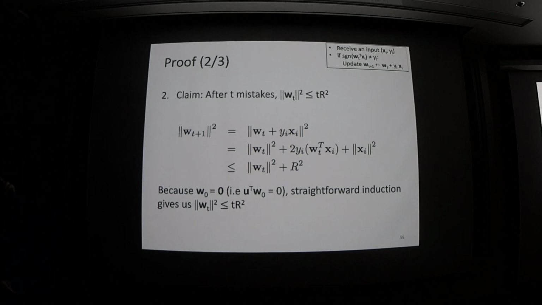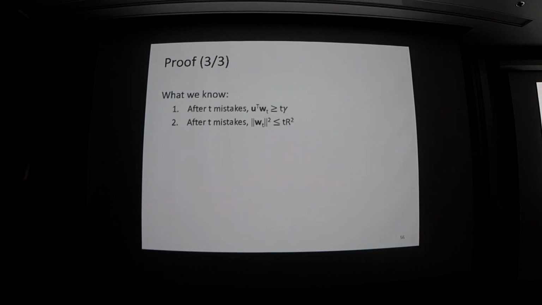All right. So now we have two conclusions. First, after t mistakes, meaning after t updates of your perceptron, the inner product between your unit separating vector u and w_t is lower bounded by t times gamma. Gamma is the margin of u.